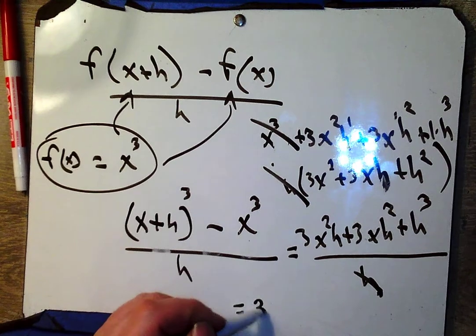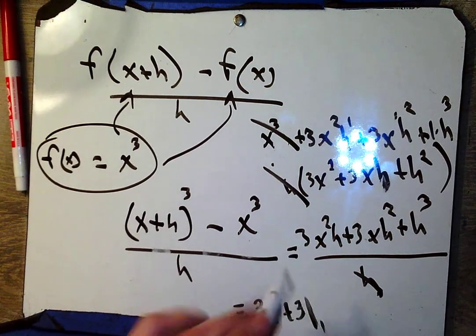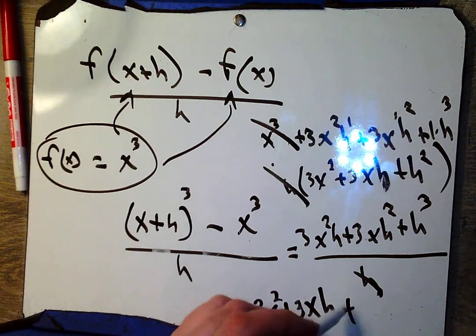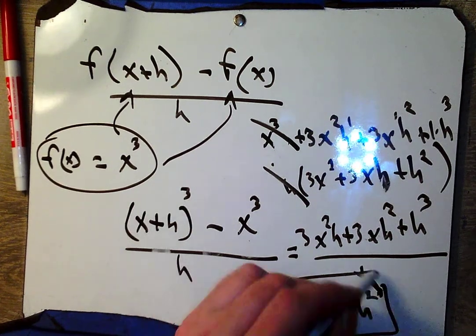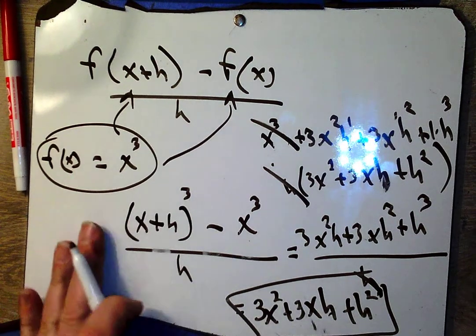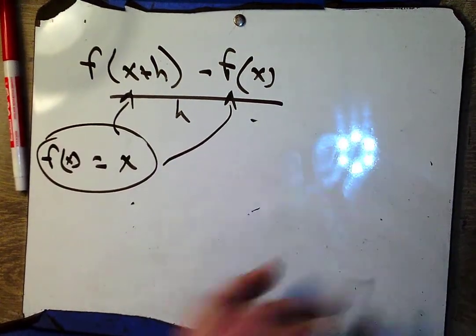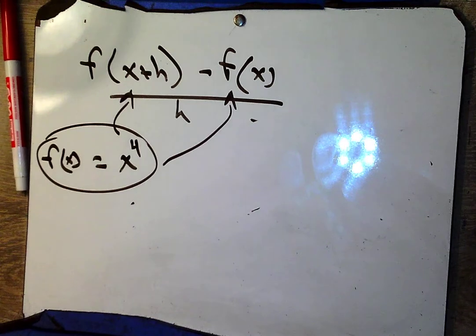And so my answer would be 3x squared plus 3xh plus h squared. And next semester, we're going to make h go away, so your answer would be this. Kind of cool. Will you go through that process of using the difference quotient when you have x to the fourth? And that'll be the last thing we do.